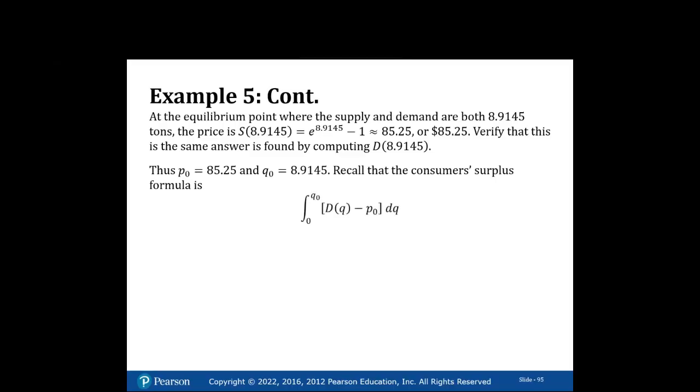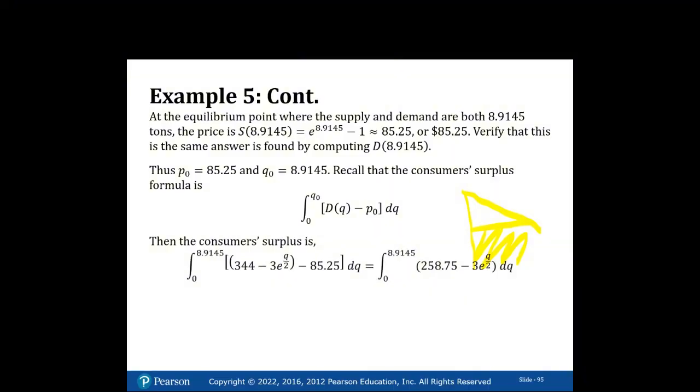Now remember that the consumer surplus is from 0 to Q0 of the demand function minus that equilibrium price. Because if that's our demand and that's our equilibrium price, then the consumer surplus is this piece up here. The money that they were willing to spend, but they didn't have to.